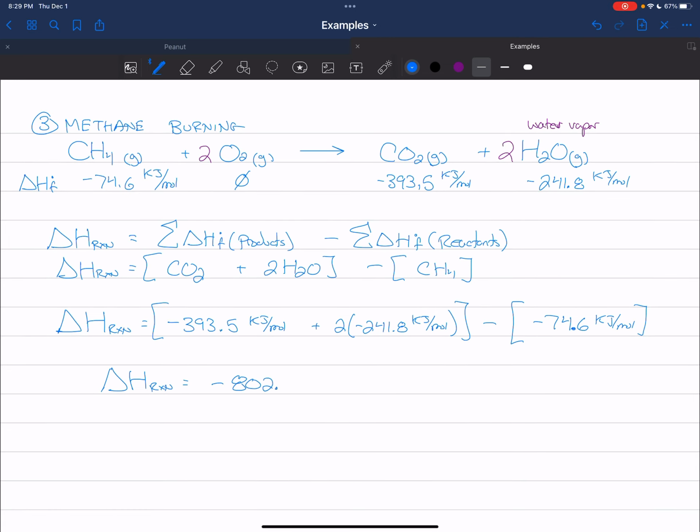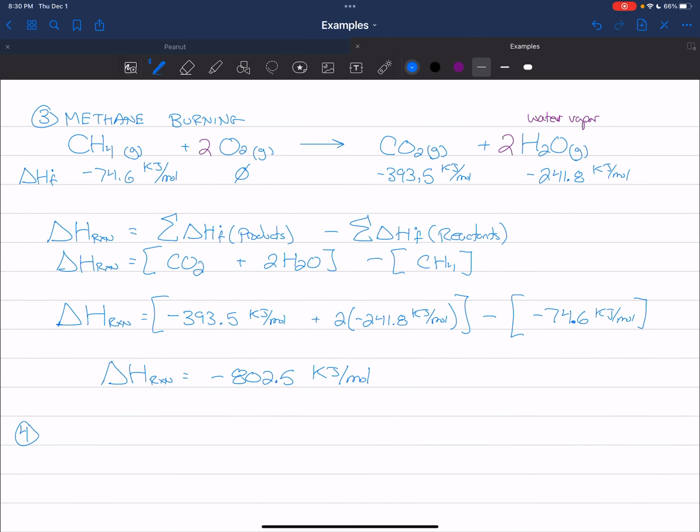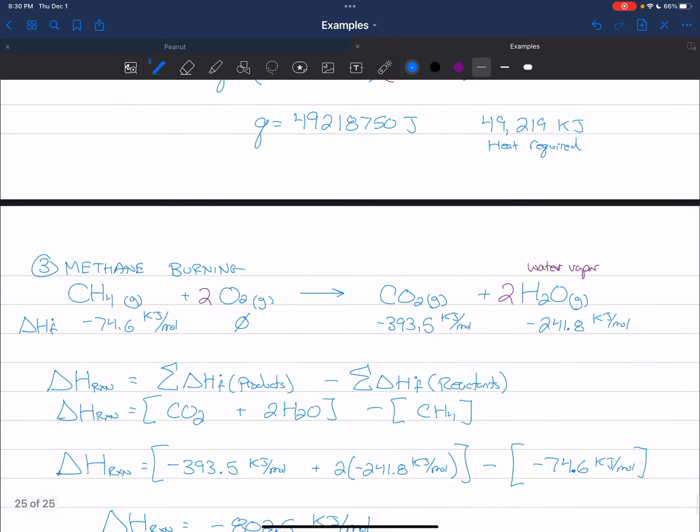kilojoules per mole. All right, so now finally step 4. The amount of methane. So we have to start with the heat required. And that was back up here, the 49,219 kilojoules.